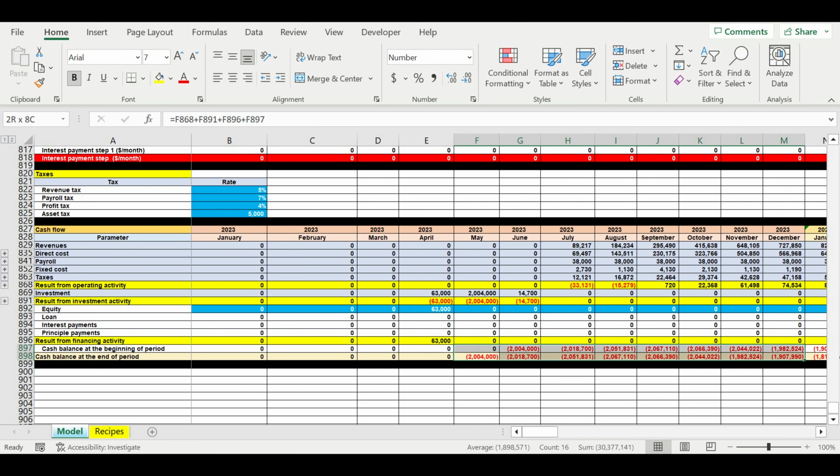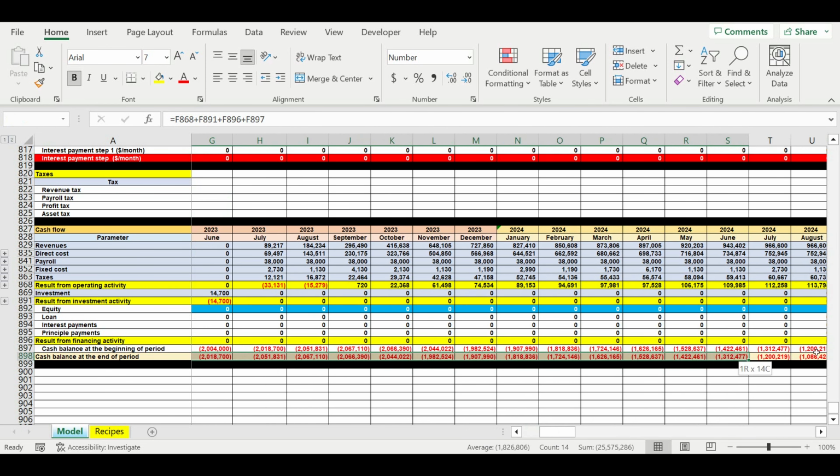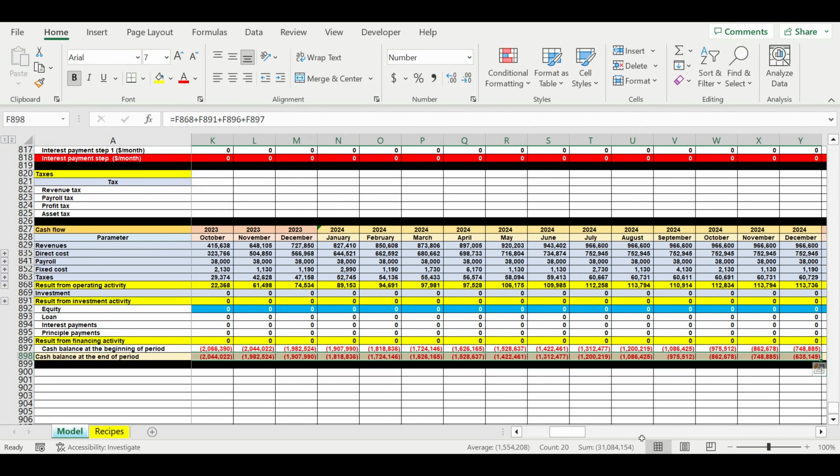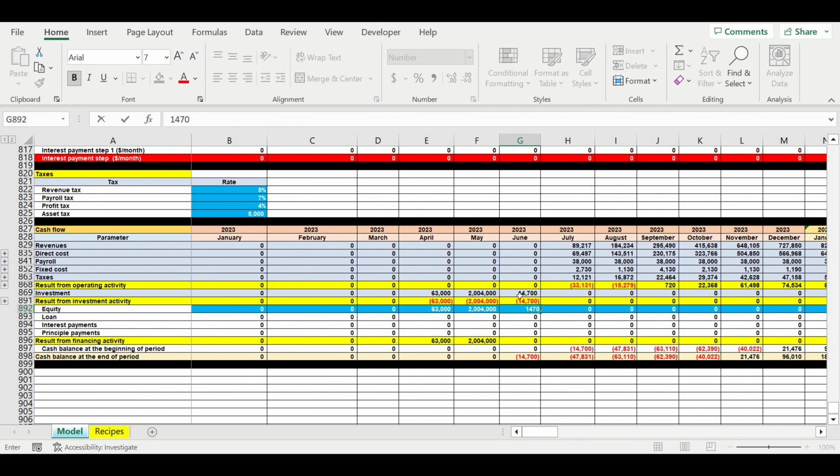So when it is red here, this is called cash gap. So we need to avoid any cash gap during the whole time horizon of our project. So then, for example, we will put here. So this will be the second month, for example. This will be the third month.